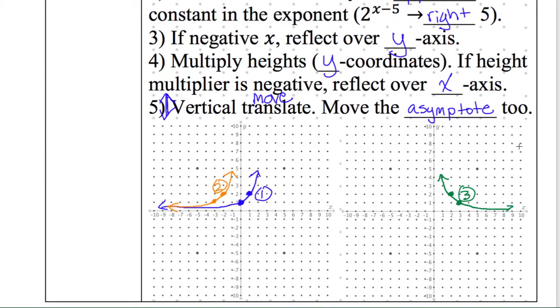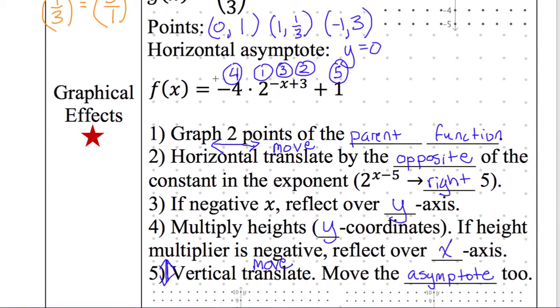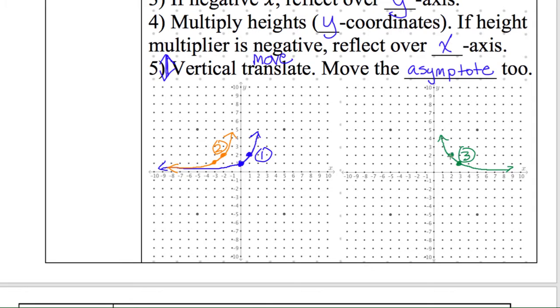I'm going to multiply the heights. So my multiplier now is -4. So if my height was 2, this new height is -8. There it is, -8. But it's still the same x. It's still the same 2. It's going to be all the way down here at -8.